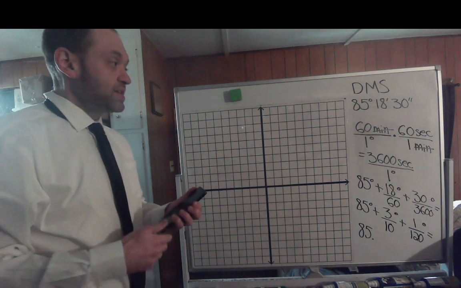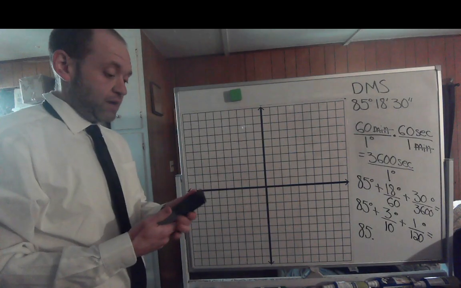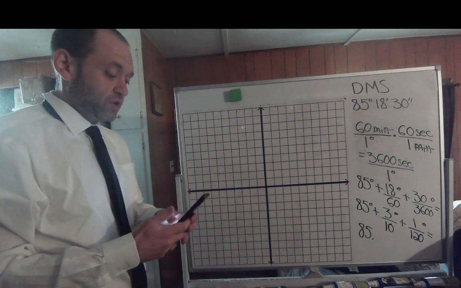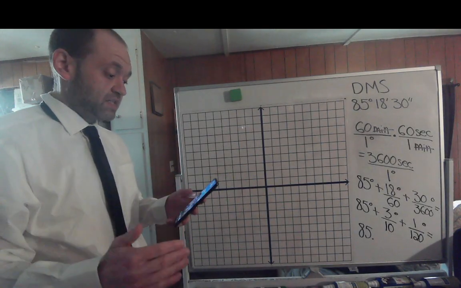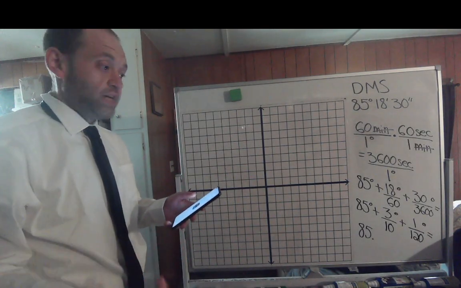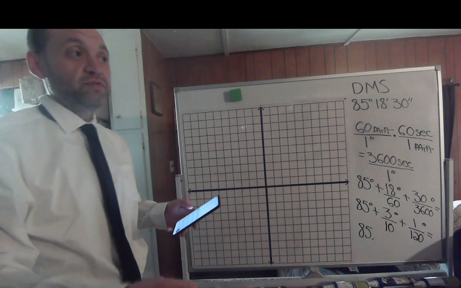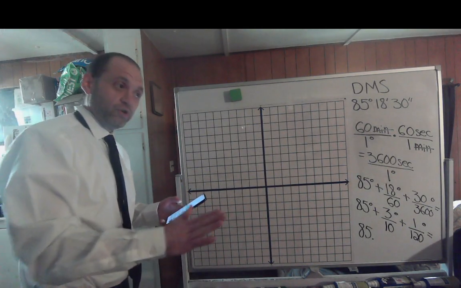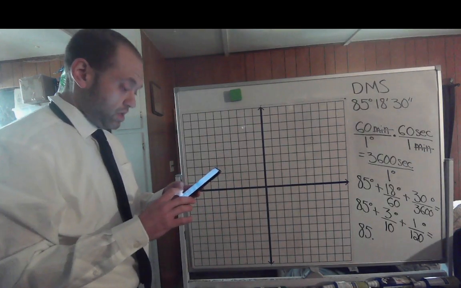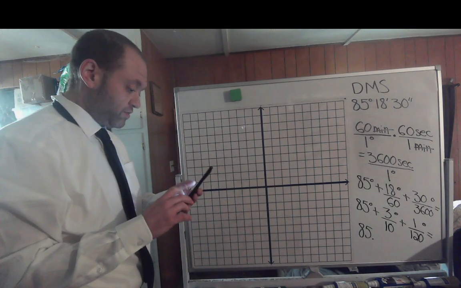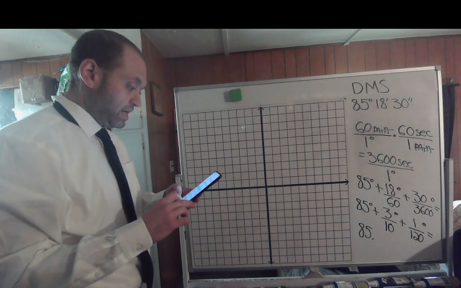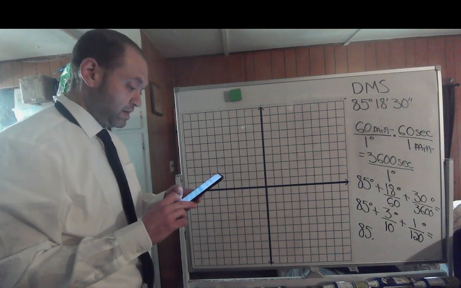So you're going to see why we often prefer to use degrees, minutes, and seconds for nautical applications and things like that. Because if you just use an approximation, it can put you off a little bit. So 1 divided by 120 gives you an awful decimal plus 0.3.